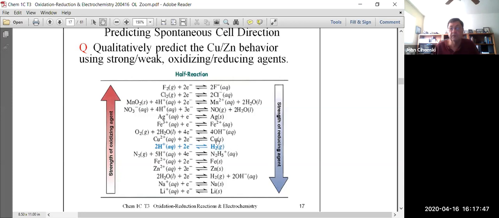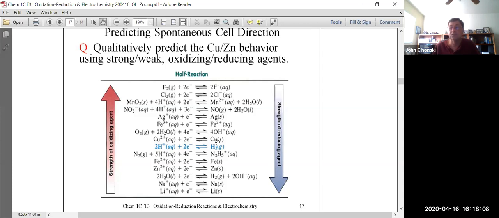Which one is stronger? Well, obviously zinc wants to get rid of the electrons more. So that should be our anode, right?